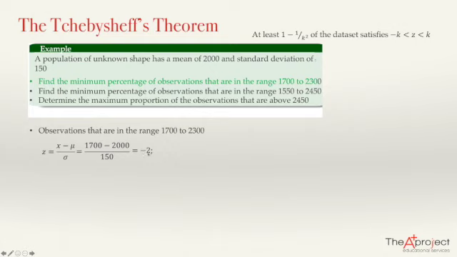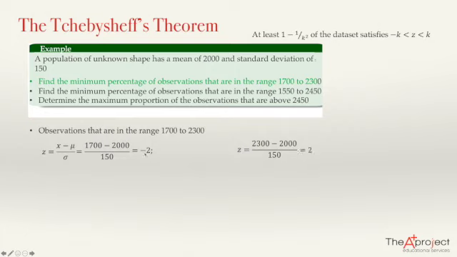The Tchebyscheff theorem can help me if the z-scores of these two values are the same but with different signs. For example, you notice that in the Tchebyscheff theorem appear -k and k. So these are the same value with different signs. So let's find the z-value of 2300. It is 2300 minus 2000, the mean, divided by 150, the standard deviation. Using my calculator, the answer is 2.